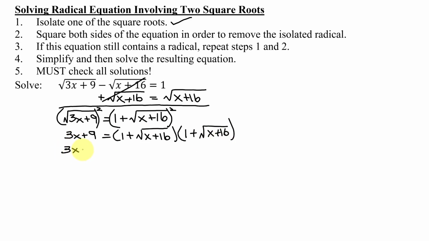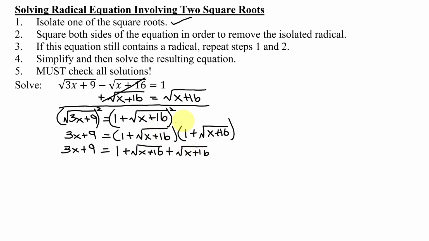So I'm going to get 3x plus 9 equals, first term, 1 times 1 is 1, outer 1 times the square root of x plus 16 is just plus the square root of x plus 16. Inner 1 times the square root of x plus 16 is just the square root of x plus 16.